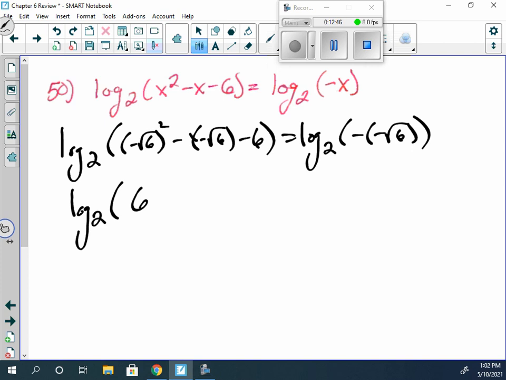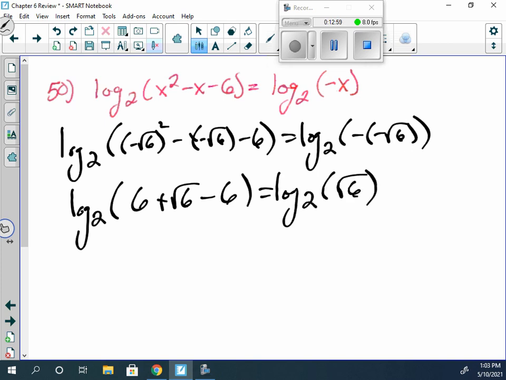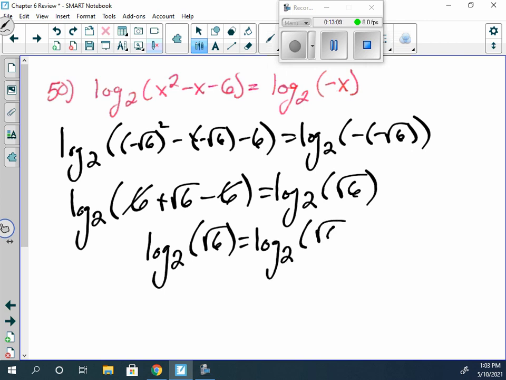The square root of 6 times the square root of 6 is 6. Negative and negative gives us plus square root of 6 minus 6. Log base 2 of negative gives us positive square root of 6. These cancel, telling me that log base 2 of the square root of 6 is equal to log base 2 of the square root of 6.